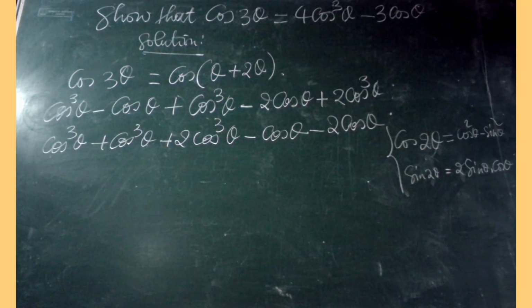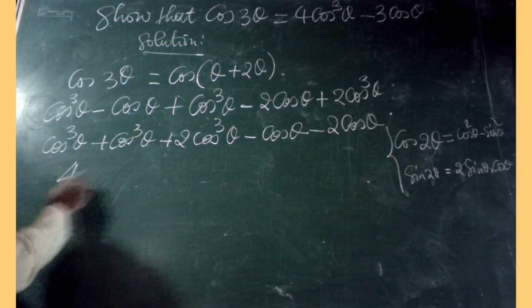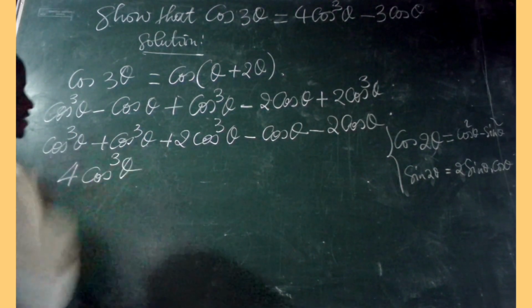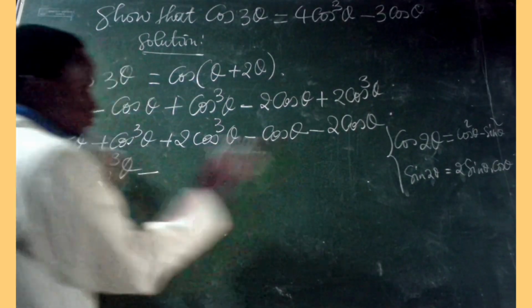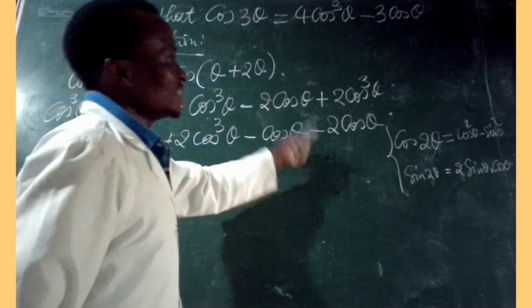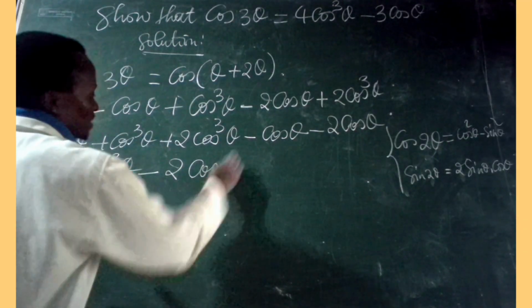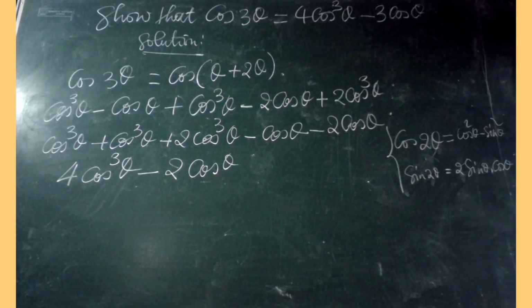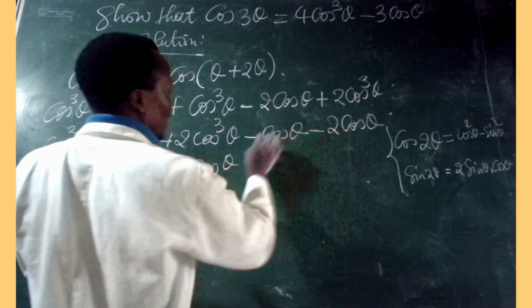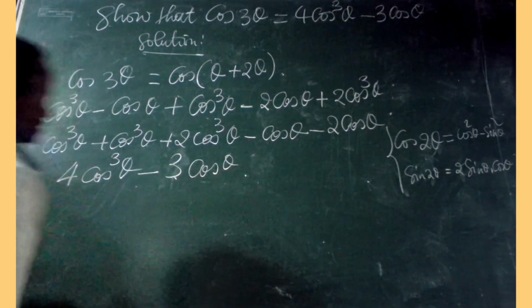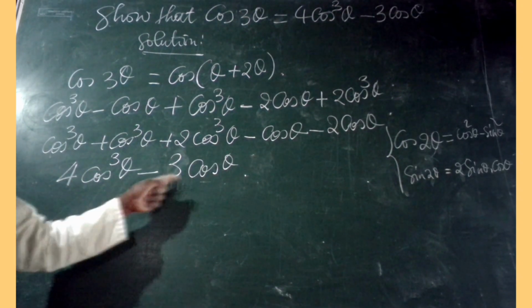Now we add these: it will be equal to 4 cosine power 3 theta minus, when you add those numbers, you write one sign among the two minus signs. Here we have 1 and here 2, so this plus this will be equal to 3. It means it is 4 cosine power 3 theta minus 3 cosine theta.